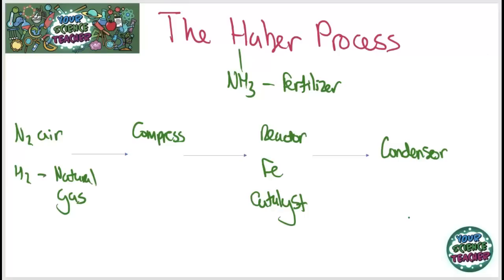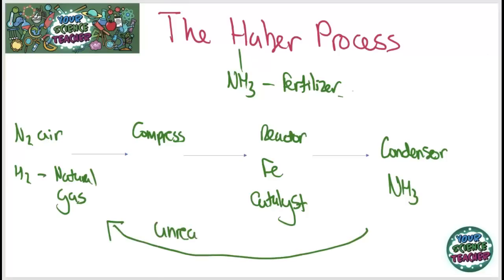So if it's at a lower temperature than the reactor, then what will happen is my ammonia will condense out. Then I will be able to collect my ammonia, and then what I actually do is I pass any unreacted nitrogen and hydrogen back into my compressor, and it goes through the reactor again.